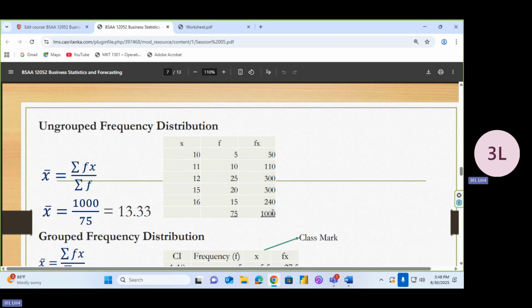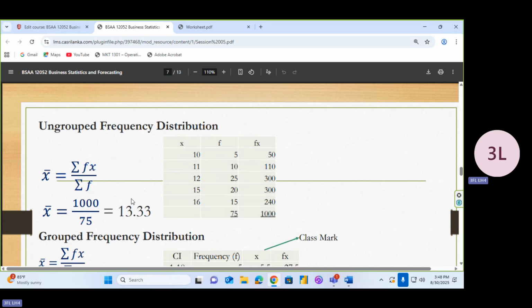Then this 1000 we need to divide by how many observations there are. Which column represents that? The frequency column, because it represents the number of times each value occurs. So we take the sum of the frequency column, which is 75. Then 1000 divided by 75 gives the mean value.